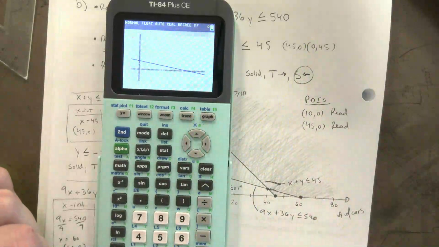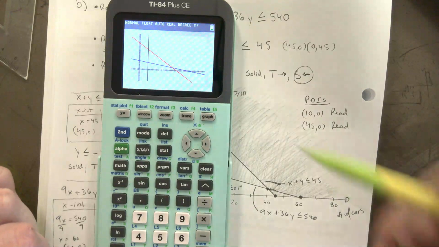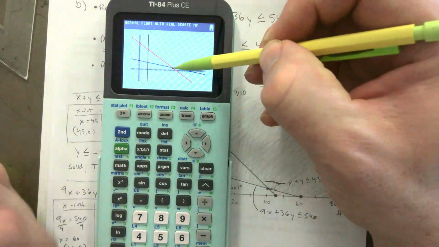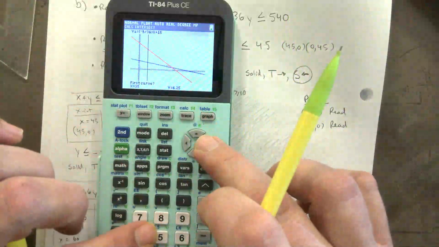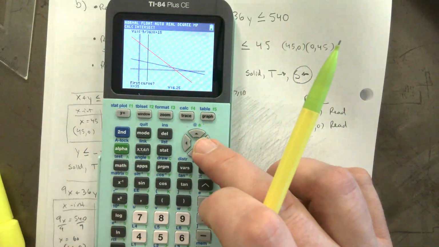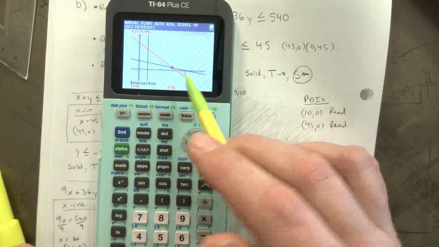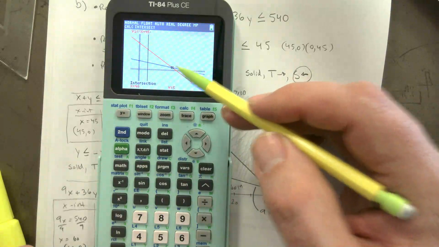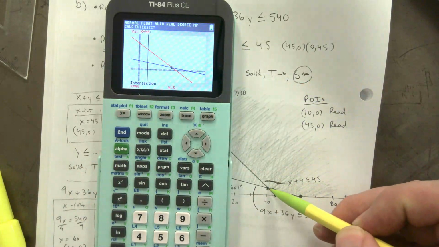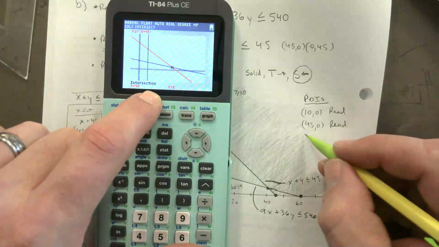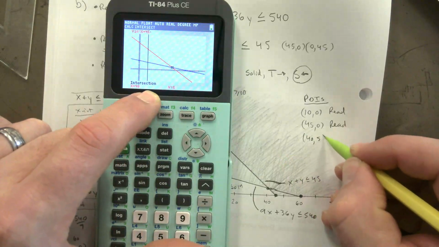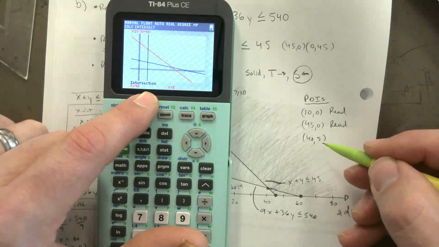Let's see if that works. Yeah, that's a pretty good graph. So I want this point and this point. Second trace 5. I'm going to go between red and blue. Enter. It jumps to the red one. Perfect. Enter, enter, and you should see it land on the point you're interested in, which is this one. So that is 45. These ones are going to be worth more on the test, right?